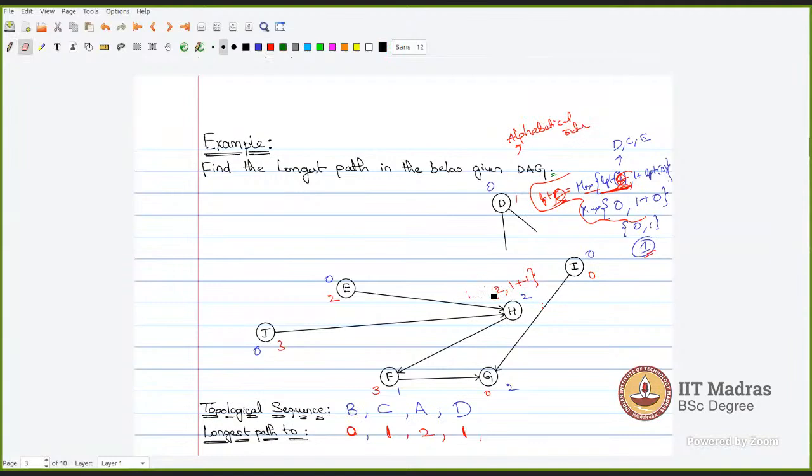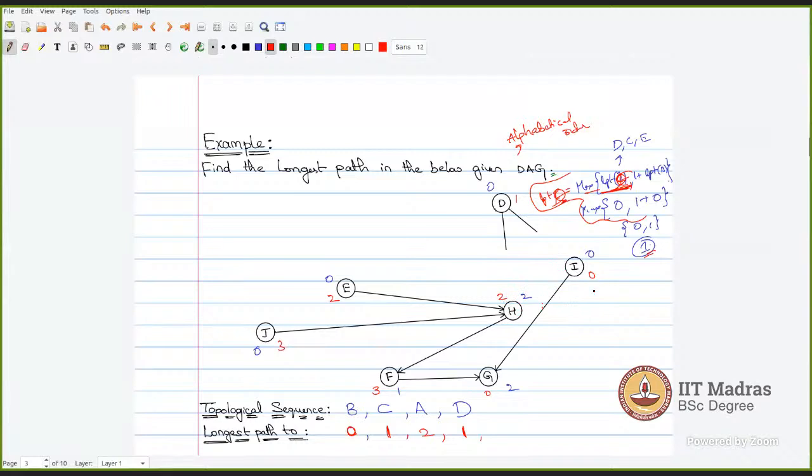So this is not updated, it remains the same. This tells me that either you follow the previous path or you follow this path. The longest you can travel with only 2 edges. So it is not updated.